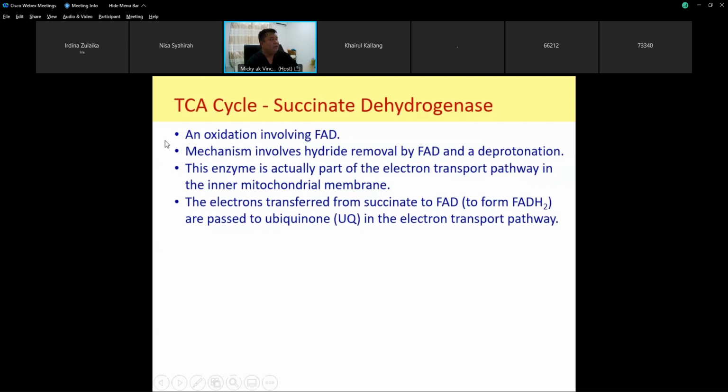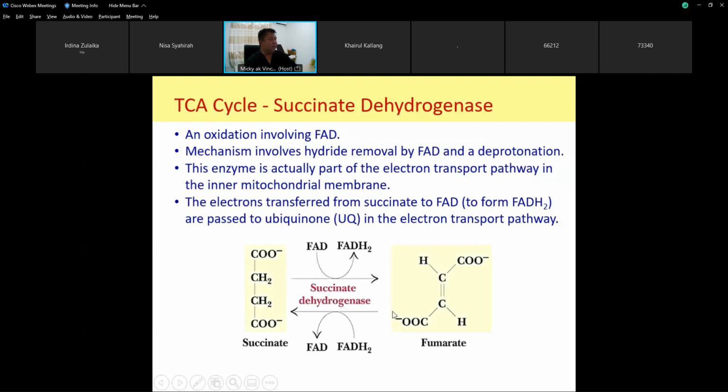This is an oxidation that involves FAD, not NADH. FAD, so this is vitamin B2. So the mechanism involves hydrogen removal. Of course, because it's simple, you use the enzyme dehydrogenase. It takes away hydride or the hydrogen atom, and it involves a deprotonation process also, right?